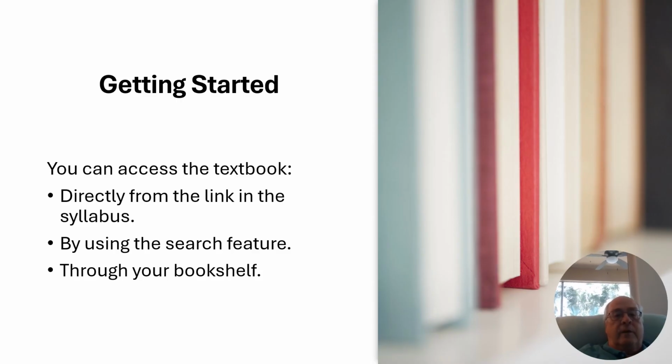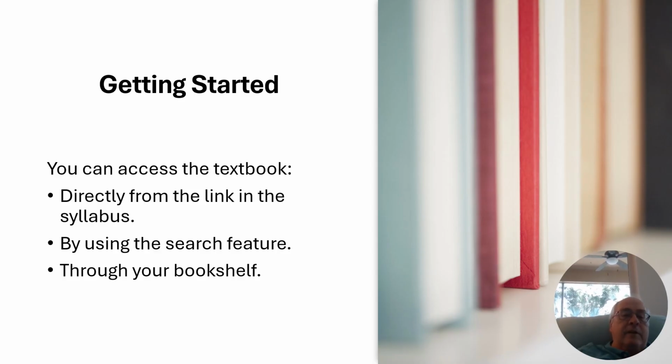Getting started. You can access your textbooks multiple ways. Directly from the link in the syllabus, you'll notice that there's a link for each textbook in the syllabus that'll take you right to that book in Perlego. You can go to Perlego and use the search feature to find the textbook.